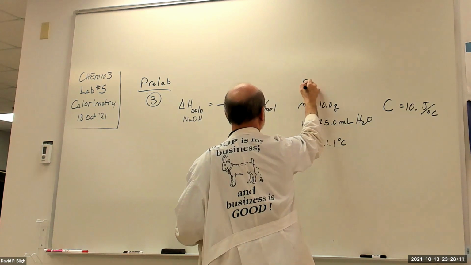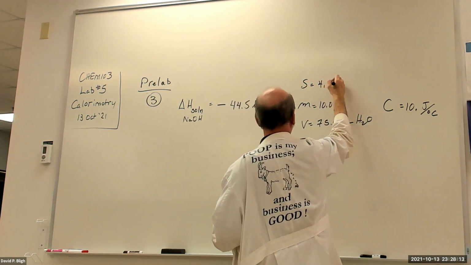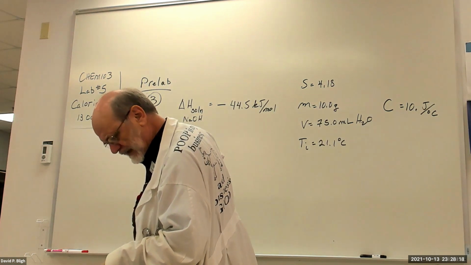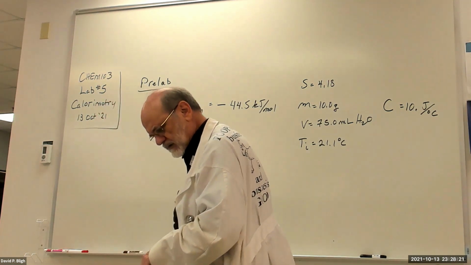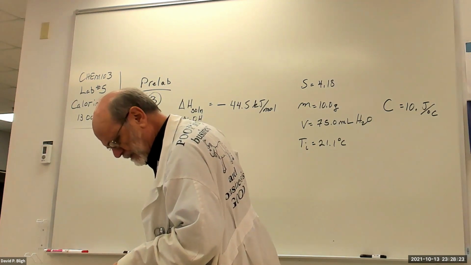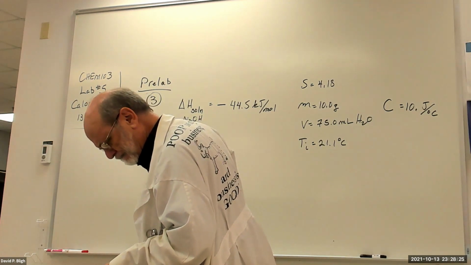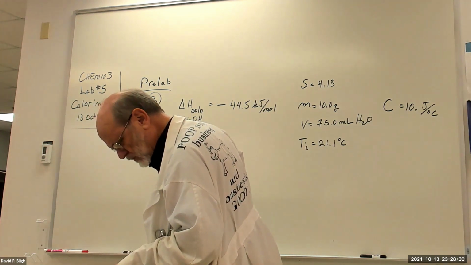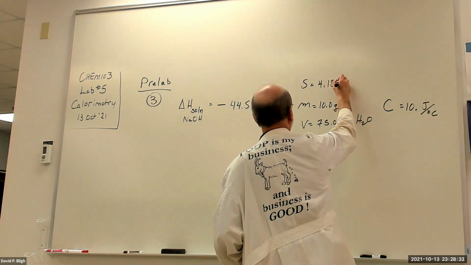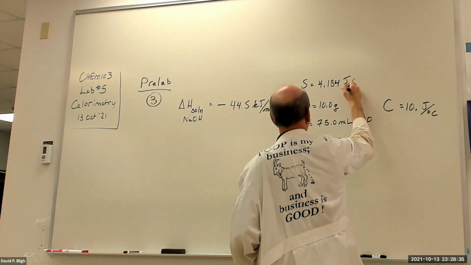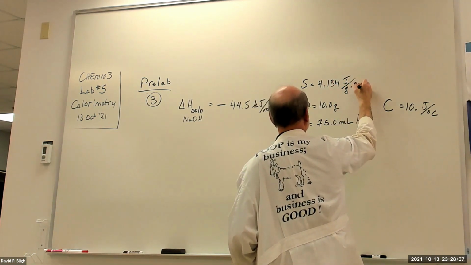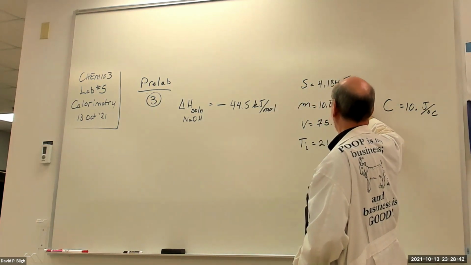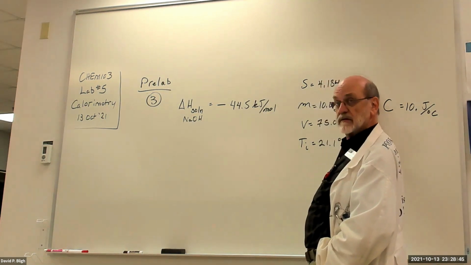But specific heat capacity is independent of the amount of substance because it has a ratio in it. Well, for water, is that what's given? It's not given. So we have to put in a value. 1.184 is the one I've been using, joules per gram degree C. So that's the amount of heat required to change 1 gram of water 1 degree centigrade or Celsius.